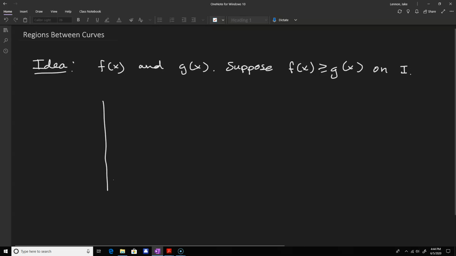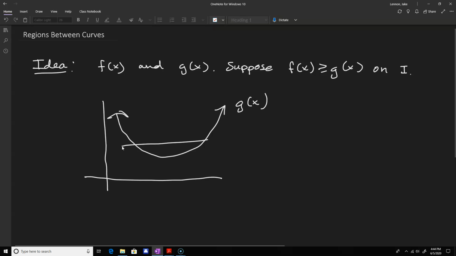So we've got this picture, maybe g of x looks like this, and maybe f of x is just something like this. So on this region, from say A to B, this is our interval. Maybe we want to figure out what this area is.